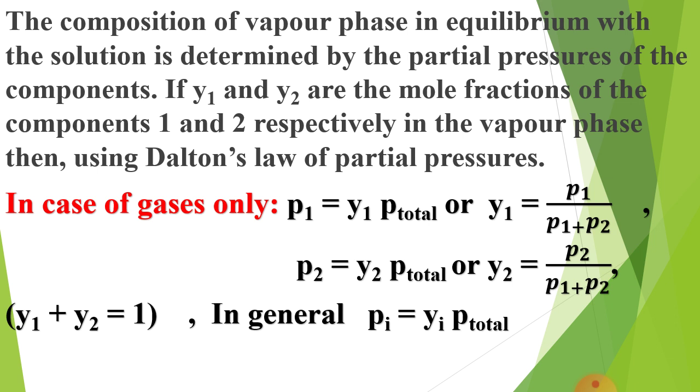That's why here also Y1 plus Y2 is equal to 1 for a binary solution. For a ternary solution, it should be Y1 plus Y2 plus Y3 equal to 1. In general, we can write the formula in the vapor phase as Pi equal to Yi P total. You have to learn this formula also to solve numericals.